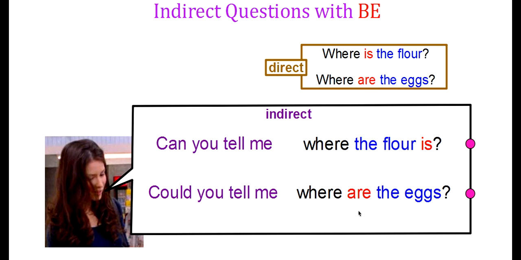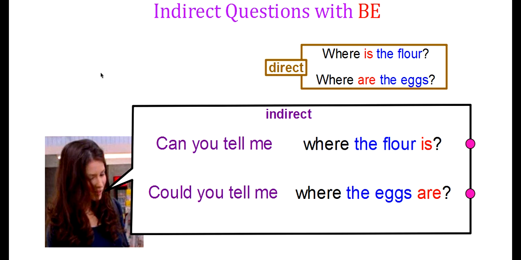And we're going to switch the verb be and the subject. Could you tell me where the eggs are? Not where are the eggs. Okay? So the first way to make an indirect question, when it is the verb to be, you're going to switch the subject and the be, so that now the subject is first and be is second.